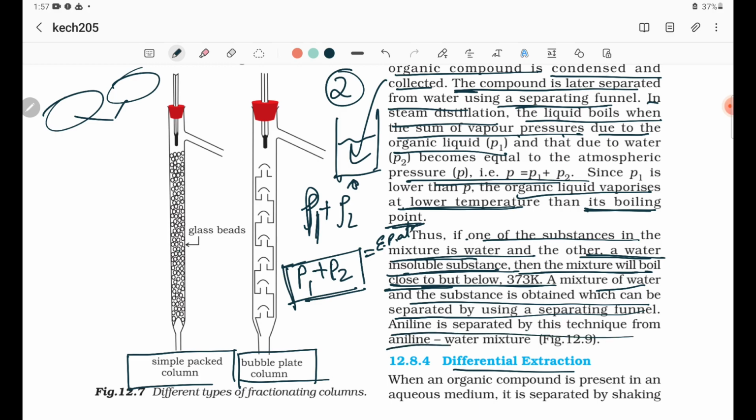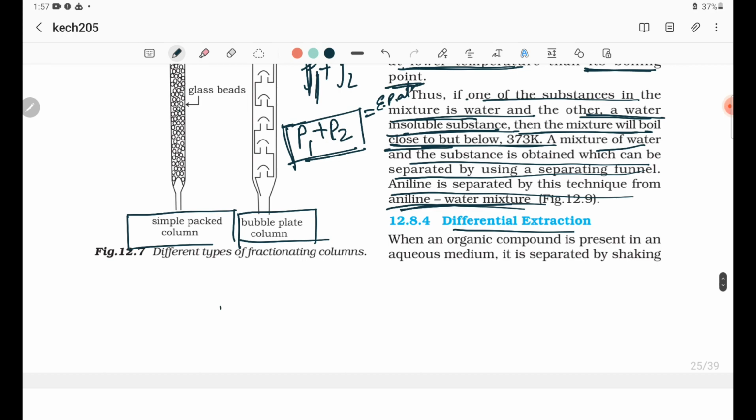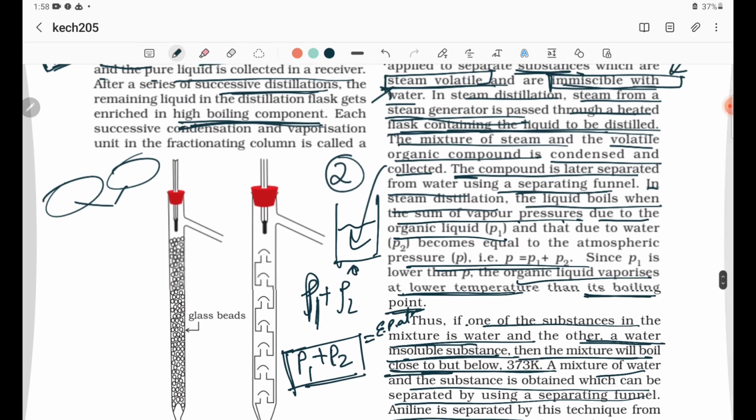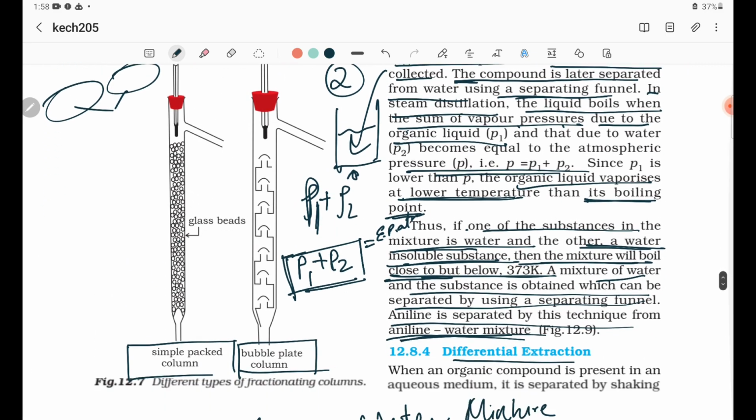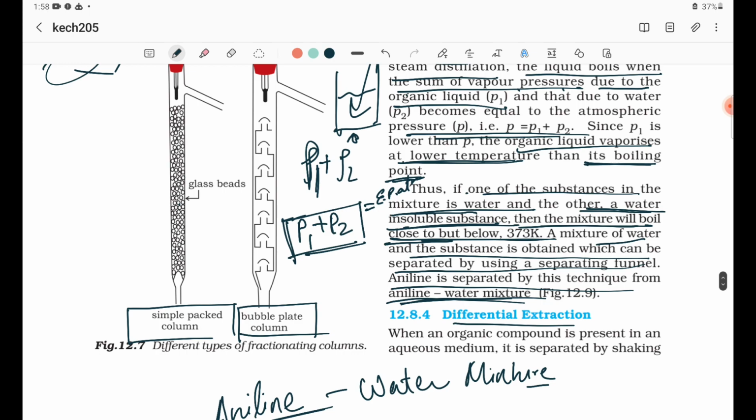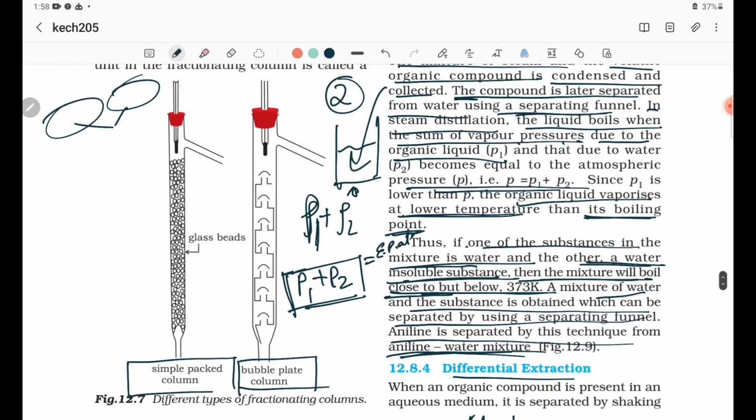Aniline is separated from an aniline water mixture by this method. So by this method, what is happening? Aniline is separated from water. So we will separate this aniline water mixture using steam distillation, and we need to use a separating funnel. The thing is that whenever the vapor pressure is equal to the external pressure, only then will a liquid boil.